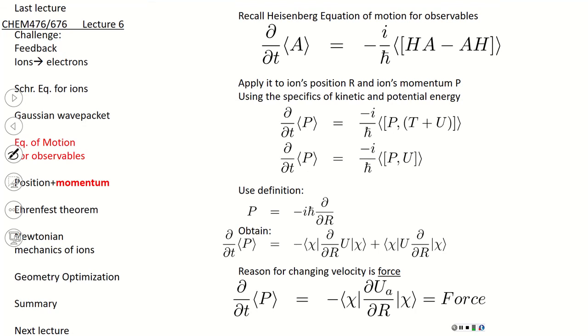Gradient of potential is force. But it is not a derivative outside, the derivative is inside, between the brackets. And now, when we match together the equation of motion for momentum and, a couple of slides before, the equation of motion for expectation of position, we have a closed set of equations.